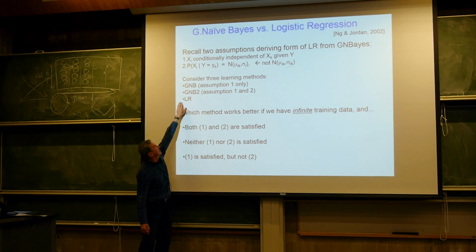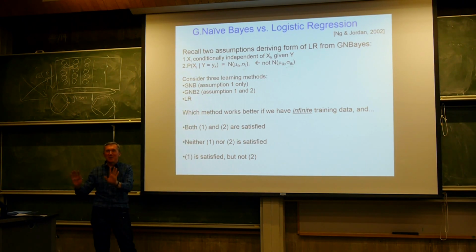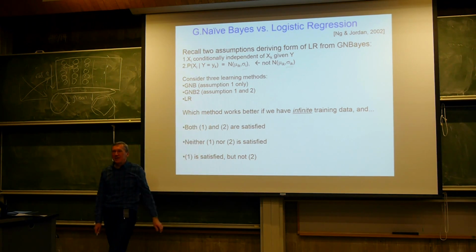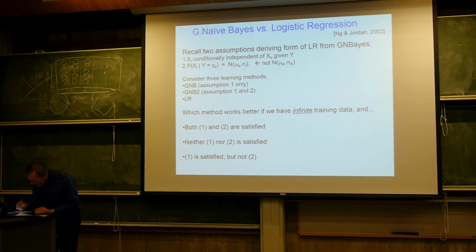And I'll define this other algorithm, Gaussian naive Bayes version 2, that also makes that restrictive assumption. So the big picture is that this is going to be a linear decision surface, and this can be nonlinear. And logistic regression, of course, linear.